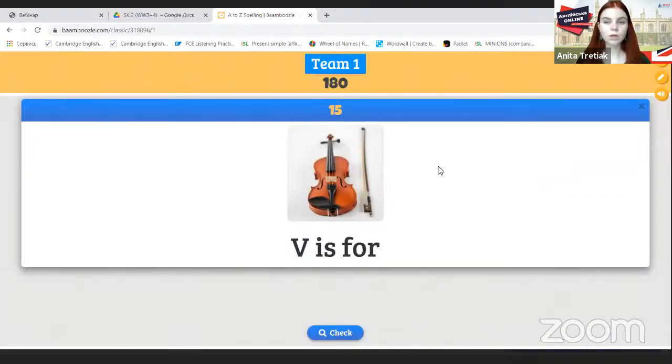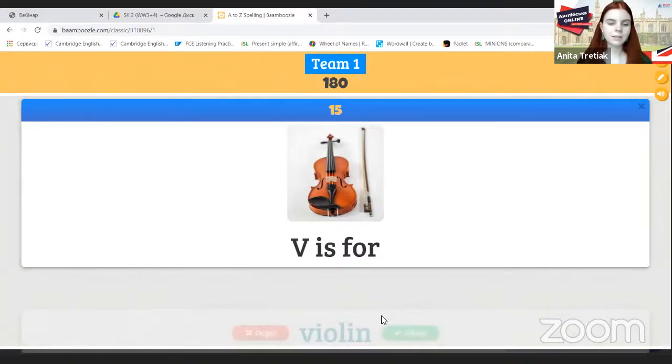Now, do you know this musical instrument? Pretty sure you do. So this is violin, guys. This is violin.